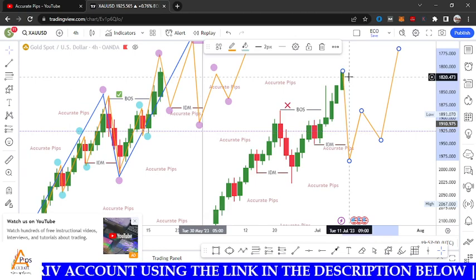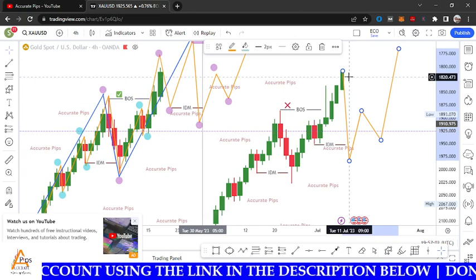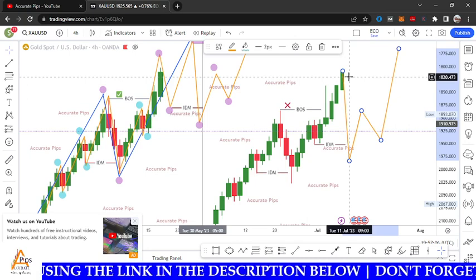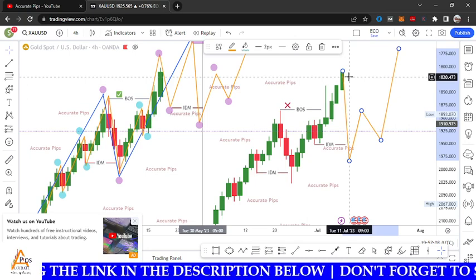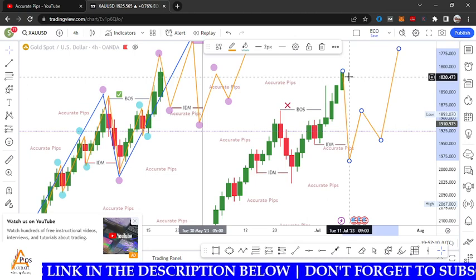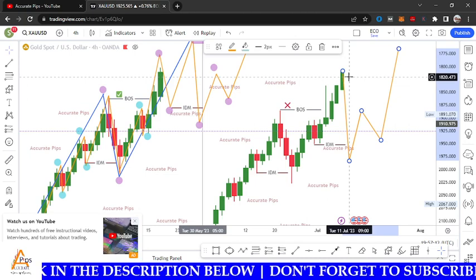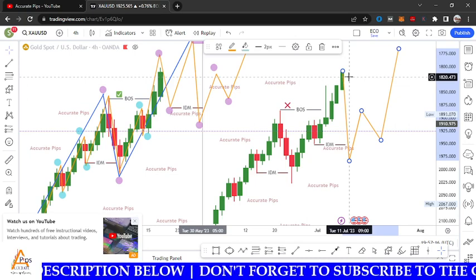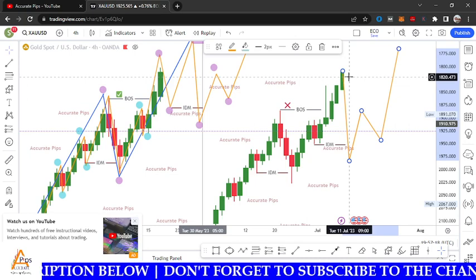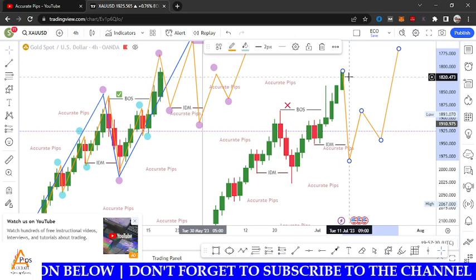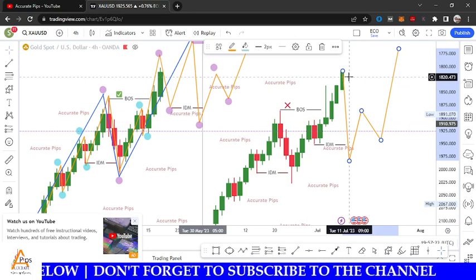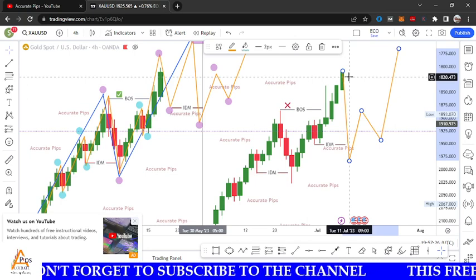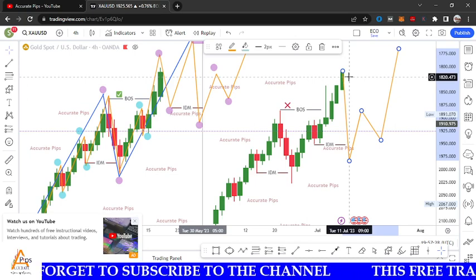Now, one thing you need to understand is that a structural impulse move, after confirmation of a structural pullback after taking out inducement, creates a new high in the bullish market. But in the bearish market, it creates a new low, and we'll be looking at the bearish explanation very soon.